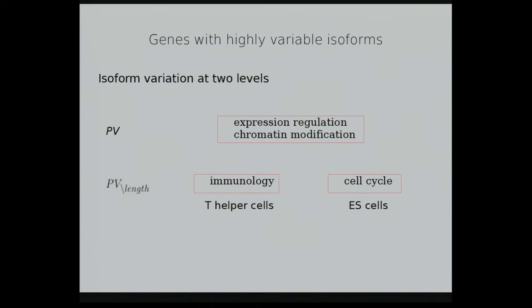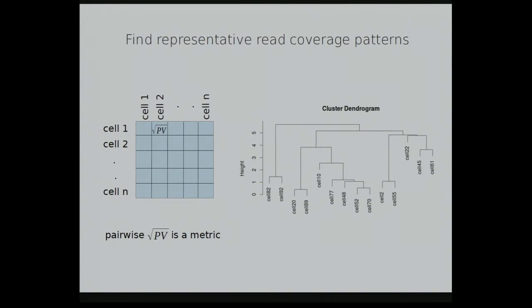And so the next question is, are there any 2 or multiple genes which change their isoforms in a correlated manner? To answer this question, we first start with one gene. For each gene, we first try to find its representative read-covered patterns.